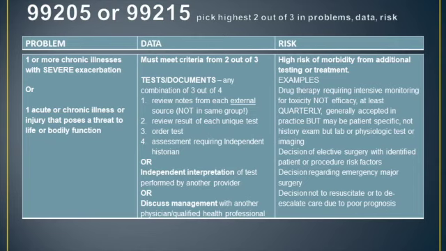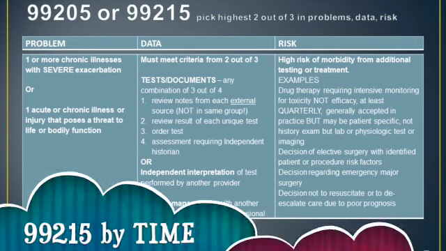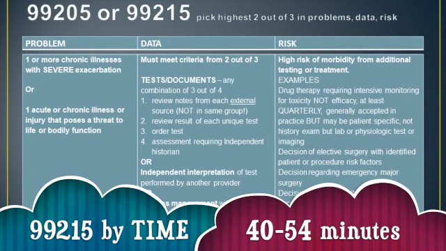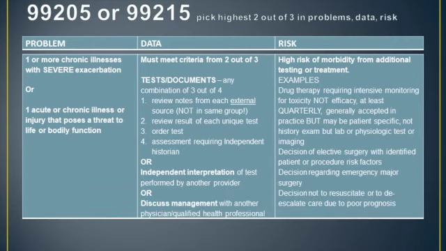It's hard to meet it in the risk category because they're talking drug therapy requiring intensive monitoring for toxicity. You're looking at testing them quarterly, and doing labs and physiologic tests or imaging in order to do this drug therapy. And I couldn't think of anything that I do in general pediatrics that requires that level of monitoring.